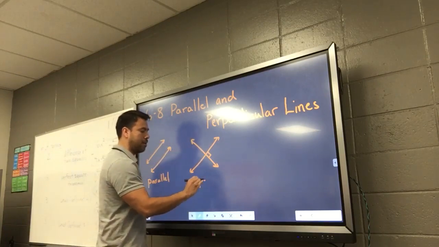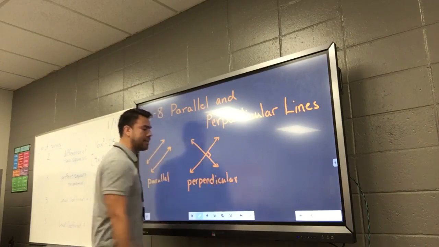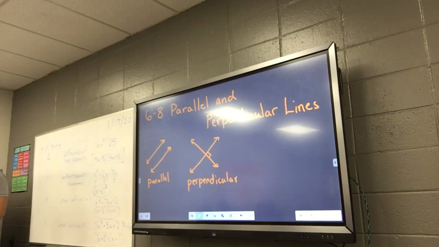Now, perpendicular and parallel are not always the easiest words to spell. I get that. All of you will spell them correctly, mainly because in the instructions I will say write parallel or perpendicular, and I'll spell it out for you. There's no excuse why any of you cannot get it right.